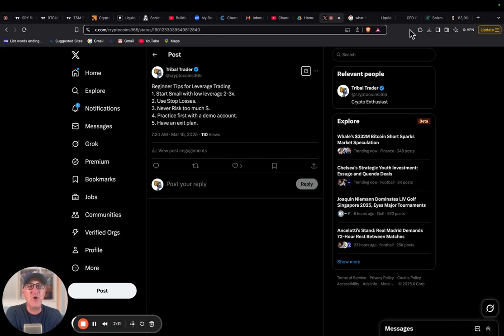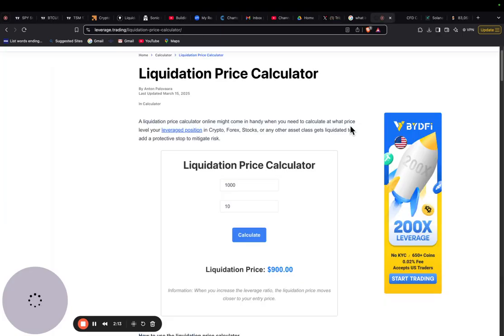So if we were to go over to an example for a liquidation price calculator, and if we were to use $1,000 and we were to go with 2x, that means you use $500 of your own money. Before you would lose all of your $500, your position size would have to go down a whopping 50%.